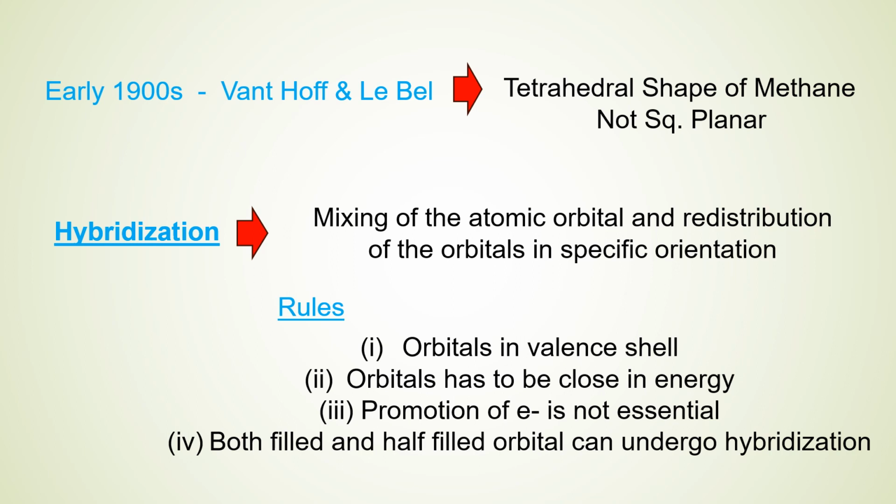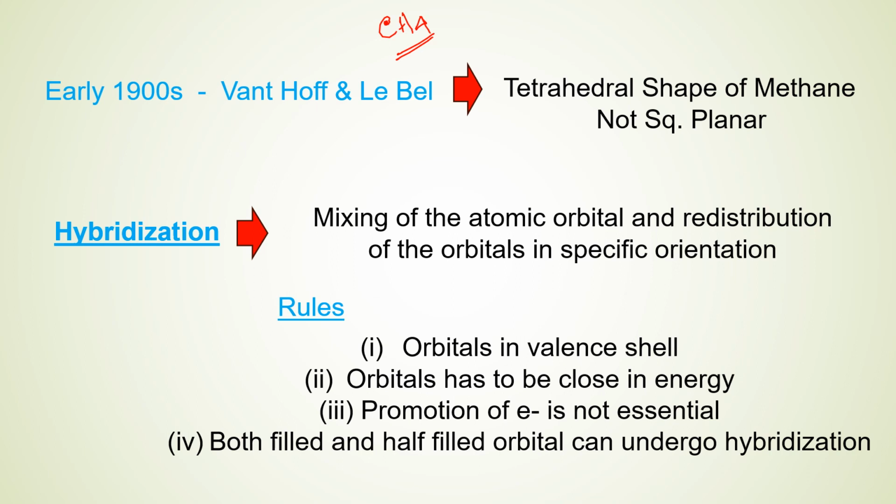Now we will go for deeper discussions about the shape of molecules. We'll start with the structure of methane. If we write down the formula of methane, it is CH4.